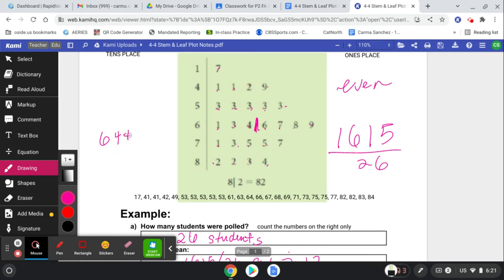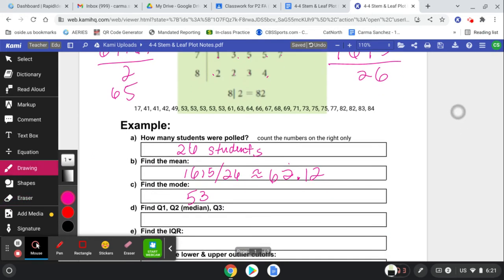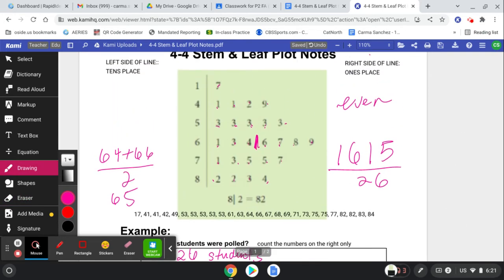So 64 and 66, the middle of that is 65. Okay, so my Q1, now I've got 13 pieces of data on the first half and 13 pieces of data on the second half, so there's going to be a true middle. 1, 2, 3, 4, 5, 6, 7.